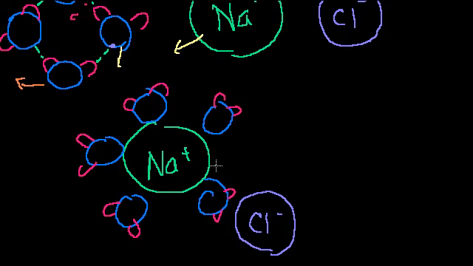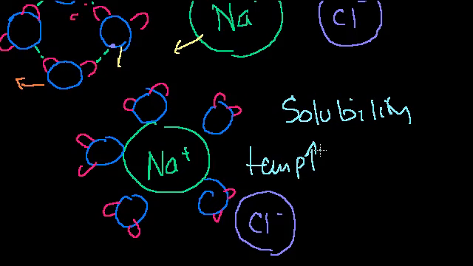So in general, if you think about the solubility of a solid solute, which is sodium chloride, in a liquid solvent, then the higher the temperature of the liquid, the more of the solid you're going to be able to get into the liquid, so you're going to raise solubility. So temperature goes up, solubility goes up.